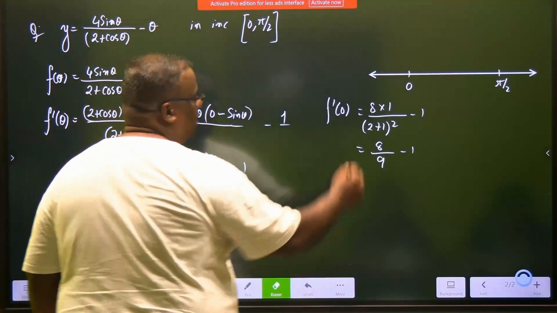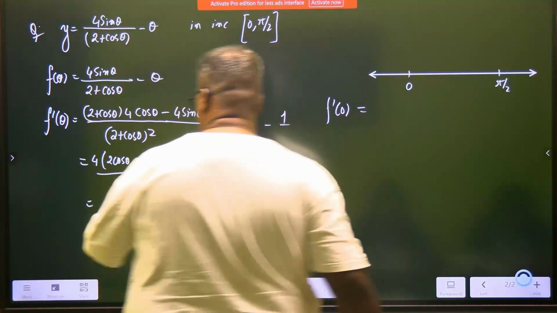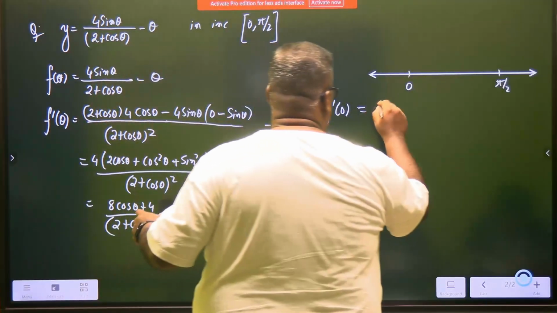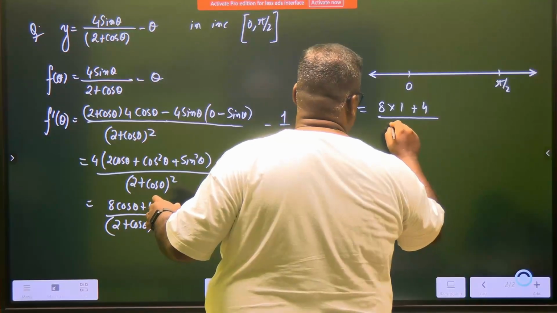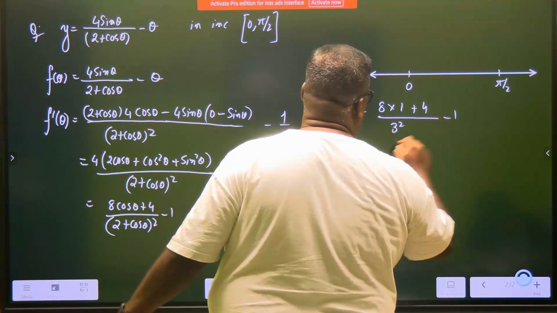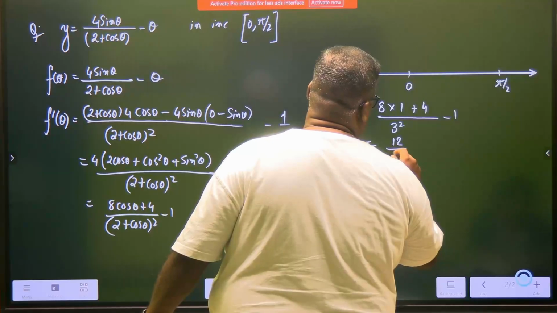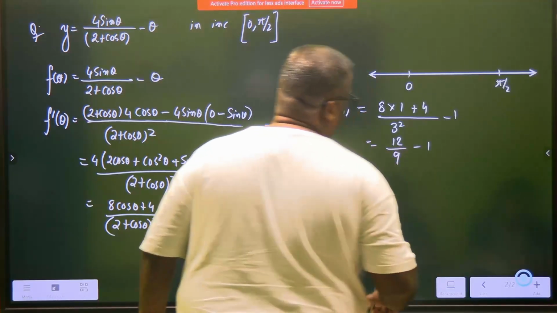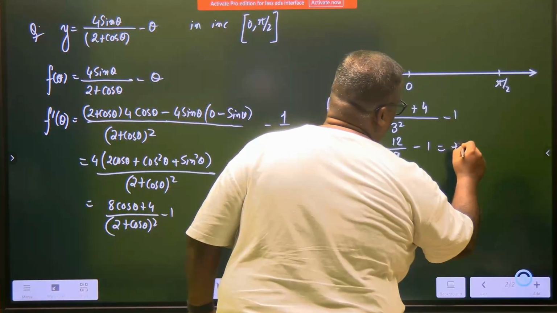Now let's plug in. Whenever such a result comes, always understand that you have done something wrong. So this is 8 into 1 plus 4, divided by 2 plus 1, 3 square, minus 1. That is 12 divided by 9 minus 1, which is anyway positive.